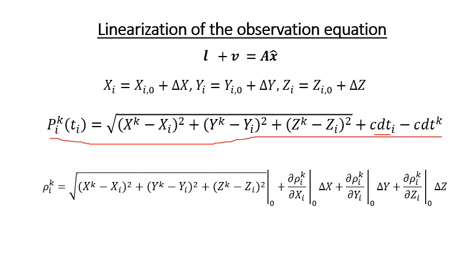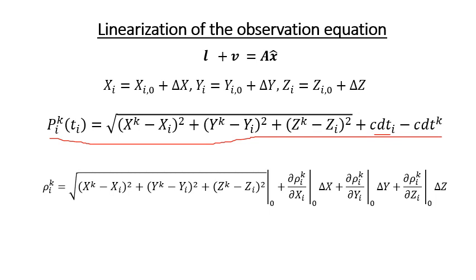You are already familiar with the linearization from the 8th week of this lecture, where you were introduced to the linearization process on a terrestrial 2-dimensional distance measurement case. So we will now briefly describe how to linearize our equation.